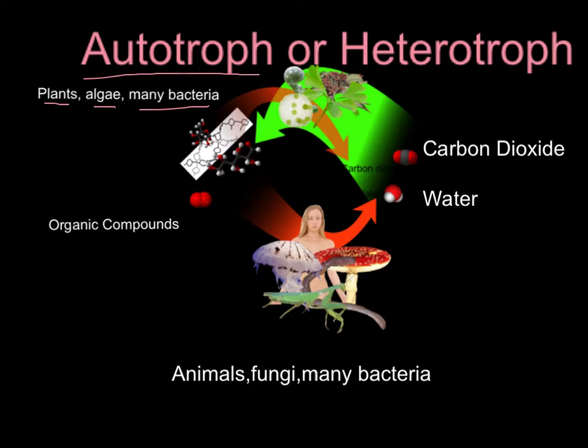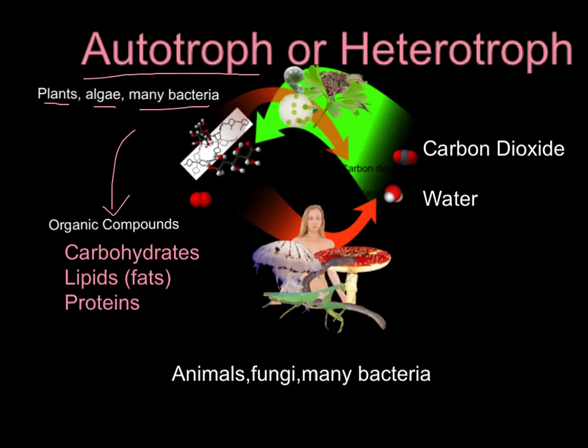They produce complex organic compounds such as carbohydrates, lipids or fats, and proteins. These autotrophs use simple substances present in their surroundings. Generally, they get their energy from light, in other words, they're phototropic, or they get their energy from inorganic chemical reactions. In other words, they go through chemosynthesis.